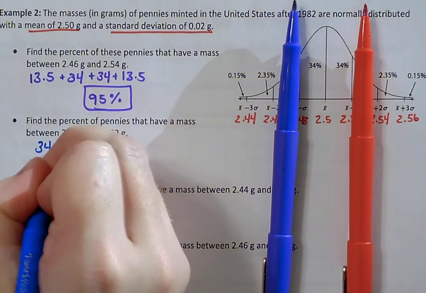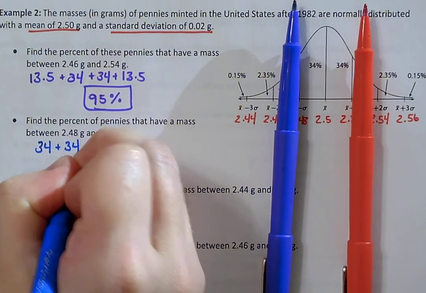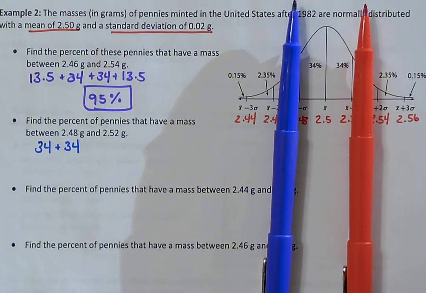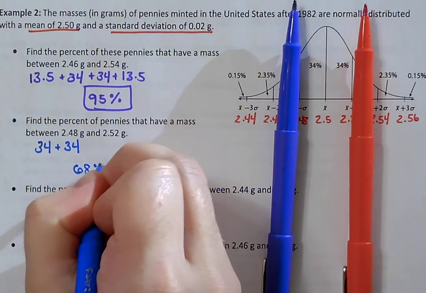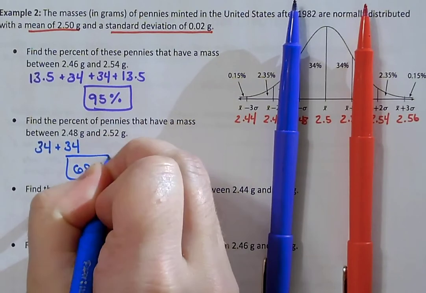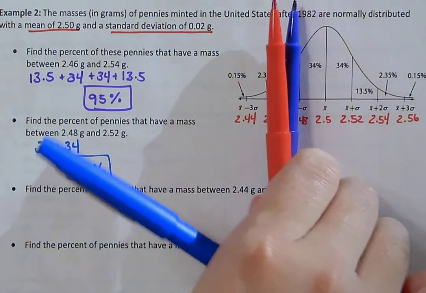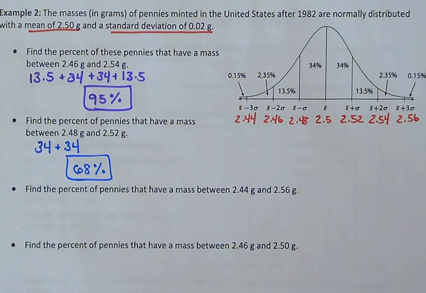So we're going to do 34 plus 34, and we are going to end up with a percent of 68%. And that is going to be the percent of pennies in 1982 that have a mass of 2.48 to 2.52 grams.